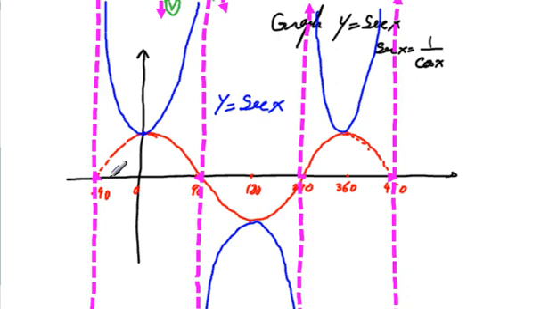So once again, at each of these intersections of cosine with the x-axis, these are the x-intercepts of y is equal to cosine of x. What happens to them when you deal with the secant? They become the locations of vertical asymptotes.